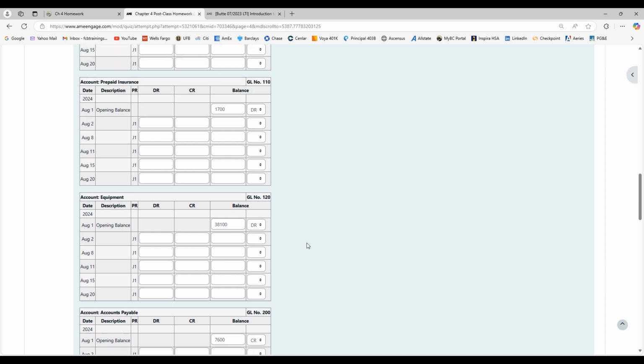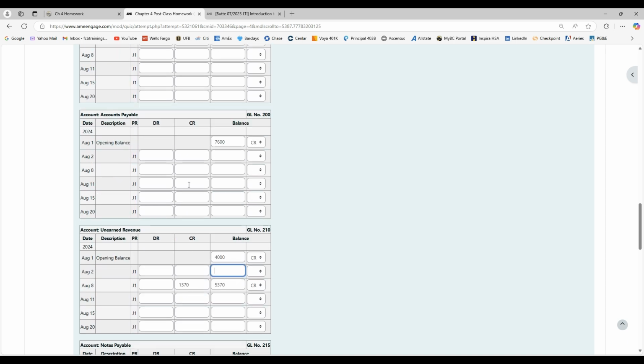Okay, on the 11th, we had accounts payable being increased with a credit. And we're going to increase that by 720. Let's do the math here. Oh man, no, that's not right. I should be able to do this math in my head, but sometimes it's better to make sure you're doing it right.